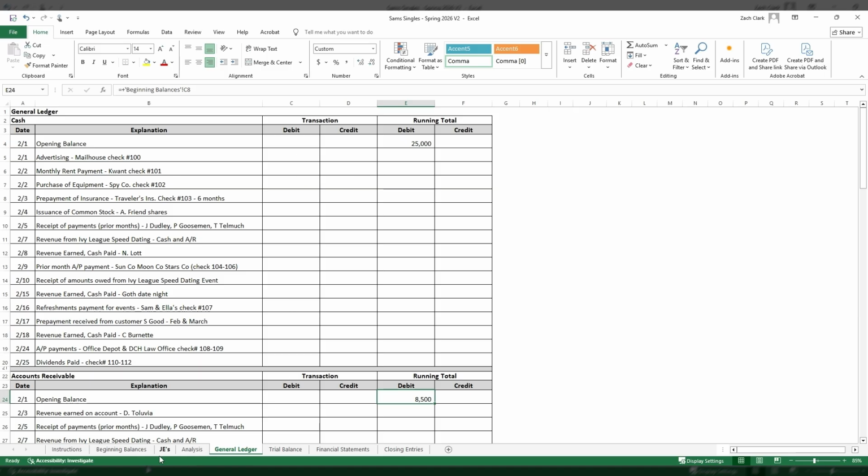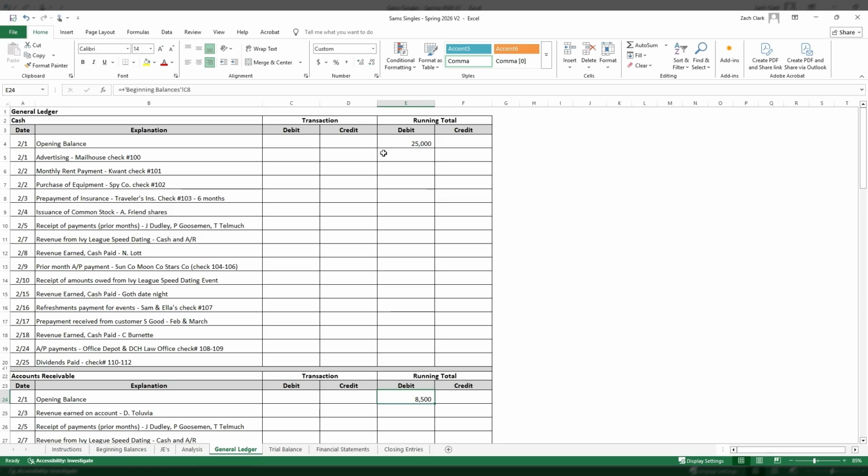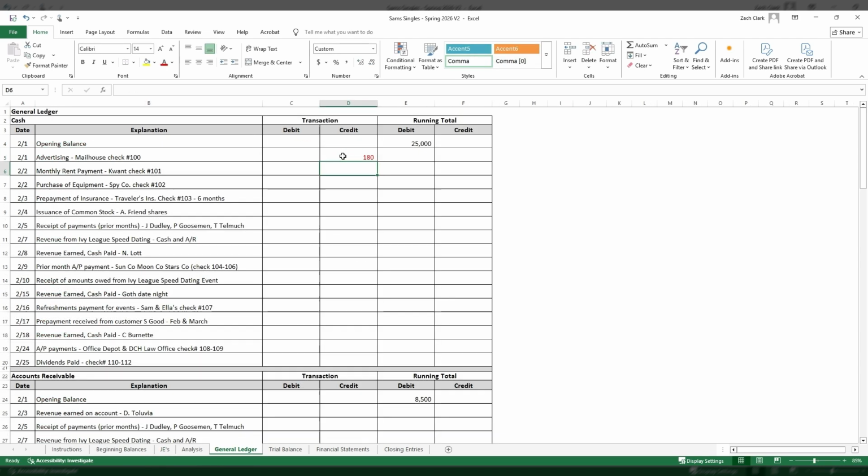Okay. So we need to go here essentially and look for all the transactions that have cash impacts. And we're going to bring in those. We're going to post those, the correct term, to the general ledger. So for the first one, we had a payment for advertising.